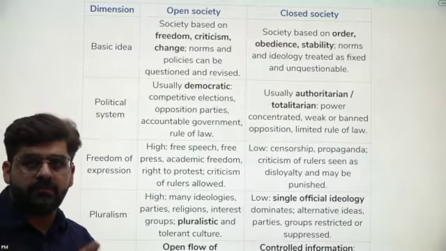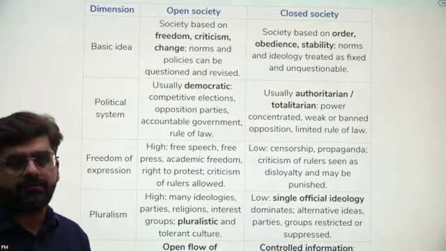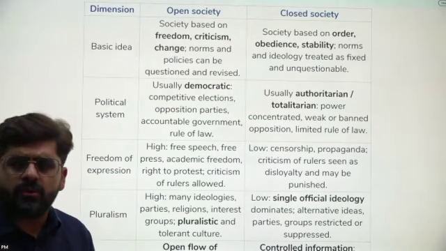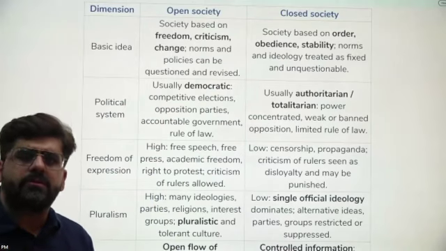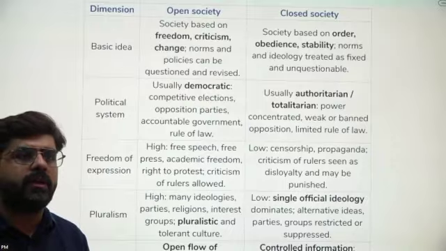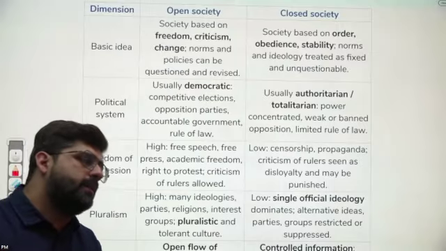This is what the open society is for us. So obviously open society's example is the Western countries who value freedom and who value political liberties.